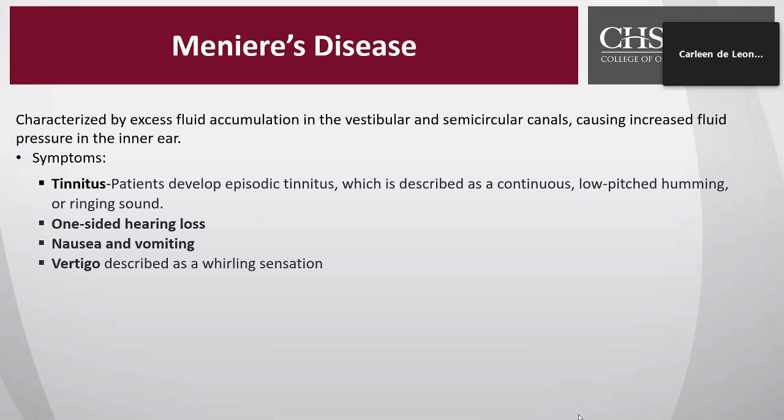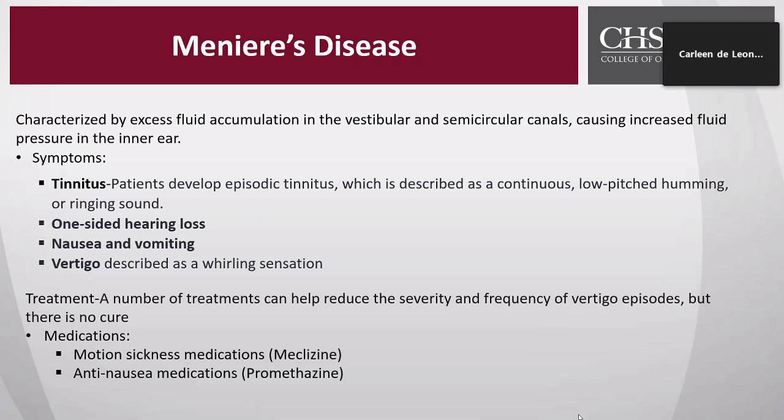Doctors don't actually know what causes this. It usually happens between the ages of 30 and 60, and it just comes on, but nobody knows exactly why. For the treatment, there are a number of treatments that can reduce the severity and frequency of the symptoms, but again, there's no cure.